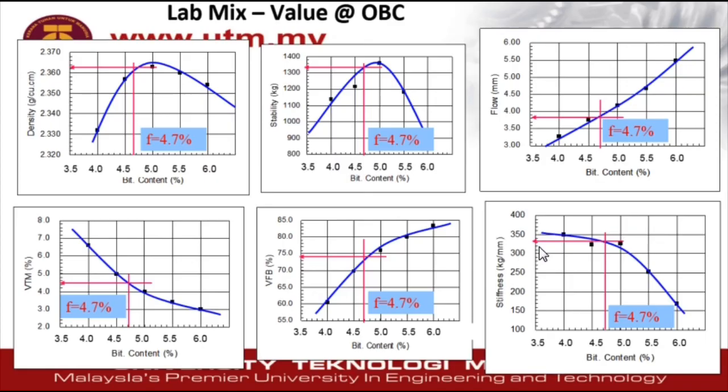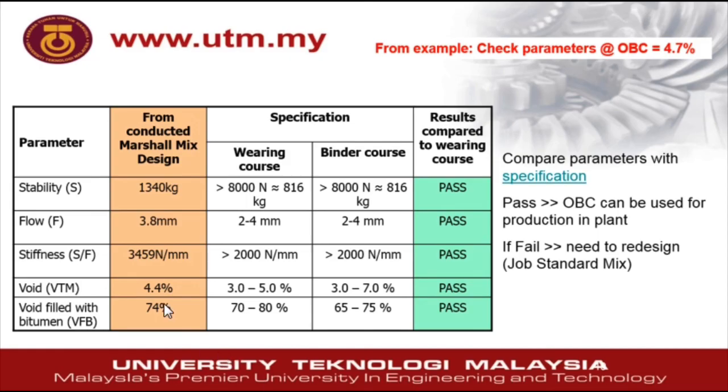This table summarizes the parameters obtained at the OBC for stability, flow, stiffness, VTM, and VFB. Using these values, we have to compare with the specification. In this case, we compare with the wearing course specification. By comparing the values obtained from the plots at OBC 4.7, all the criteria seem to comply with the standards and can be used for production in plants.